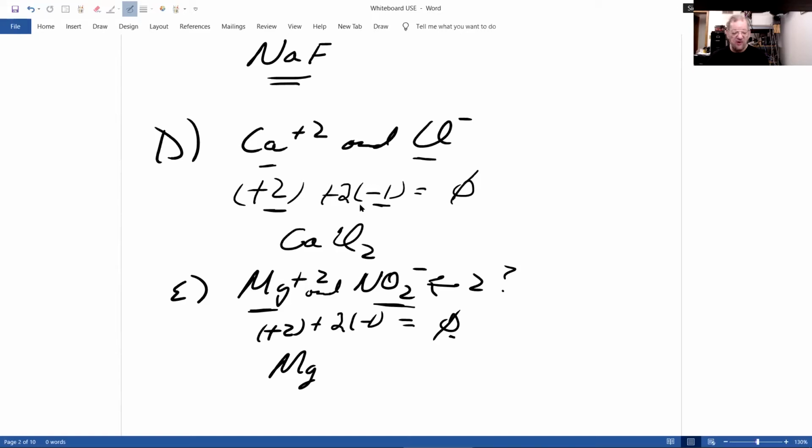Well, this is when you use a bracket. Bracket, put inside the polyatomic ion, close the bracket, then subscript, you put right here how many you have. In this case, 2. And now magnesium nitrite would be this molecule right here.